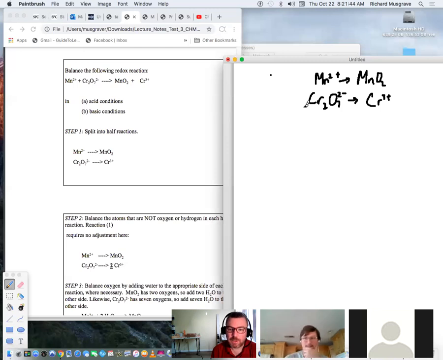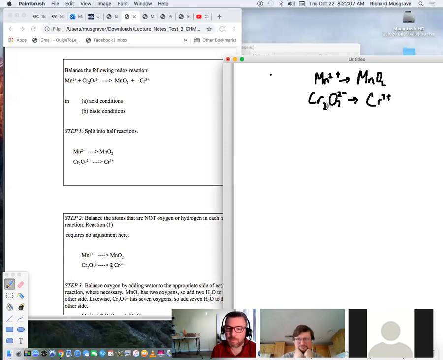In the top reaction, there's only one manganese, with a charge of 2+, and it goes to MnO2, where there's only one manganese as well. So that is balanced for manganese.